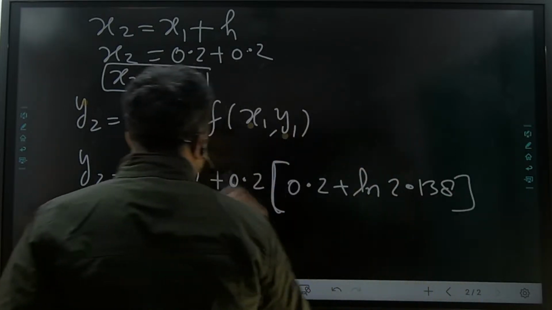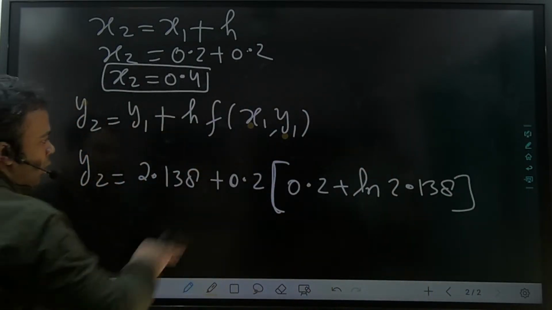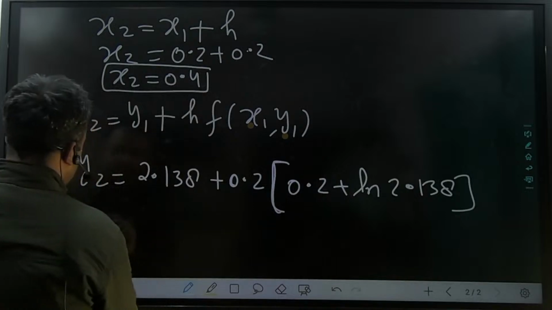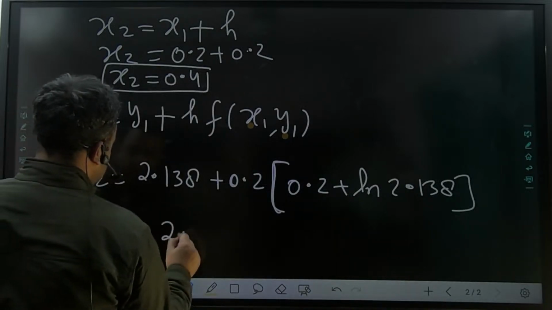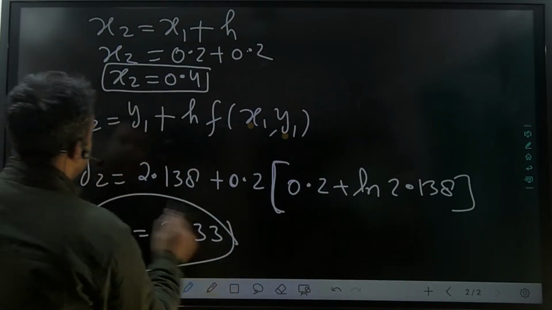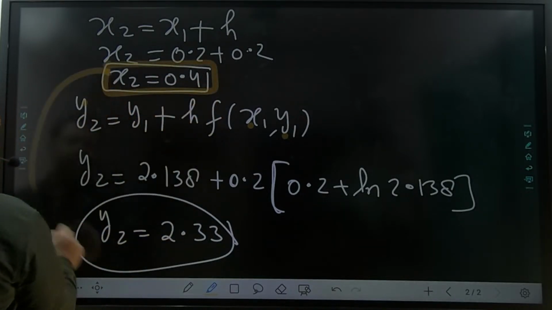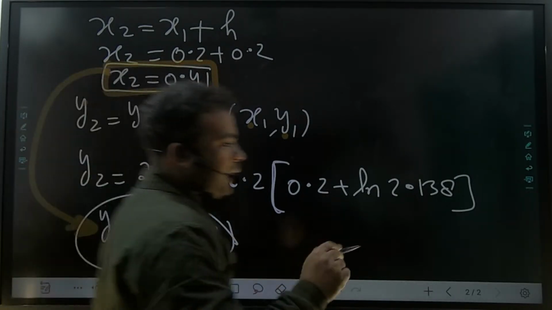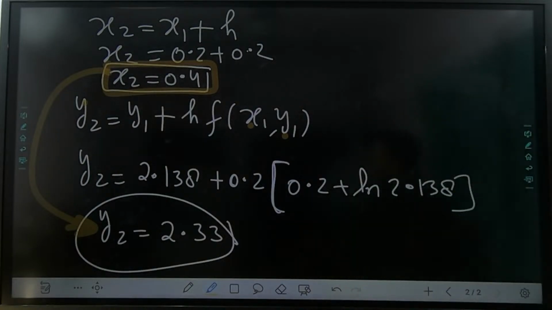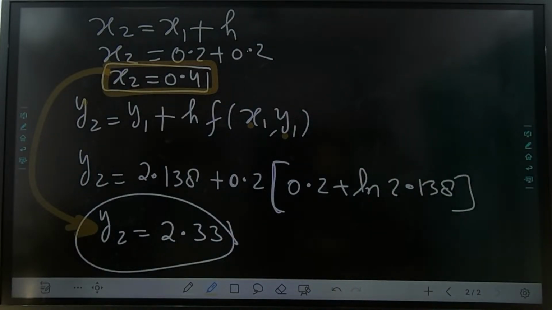Right? I replace x by x1, y with y1. Now this is the function value. You will get something out of here, and y2 will come out to be 2.33. Right? So this is my answer. For this value of x2, I got the corresponding value of y2. So y2 is my answer. But to calculate y2, y1 is needed, x1 is needed. So we have to go forward by taking every data into the picture.